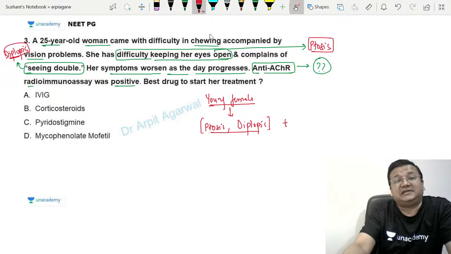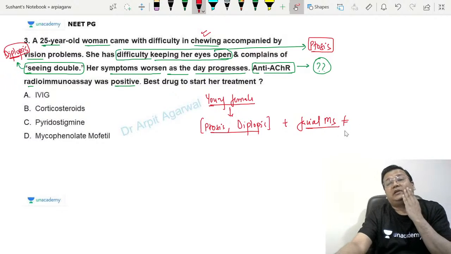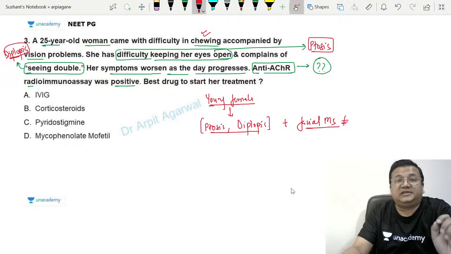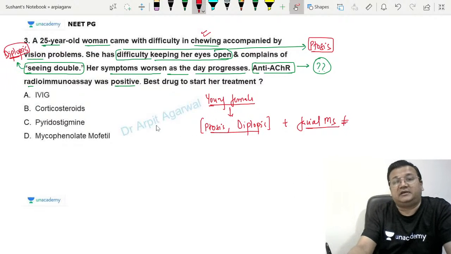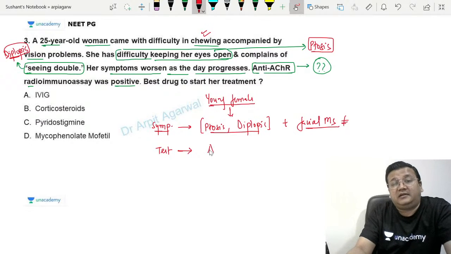Plus she has difficulty in chewing. So facial muscles are involved. Difficulty in chewing can be representative of some facial muscle problem. So these are the symptoms. Further, what is given? Anti-acetylcholine receptor. The test which has been performed, one by one you have to list the information given in the question.